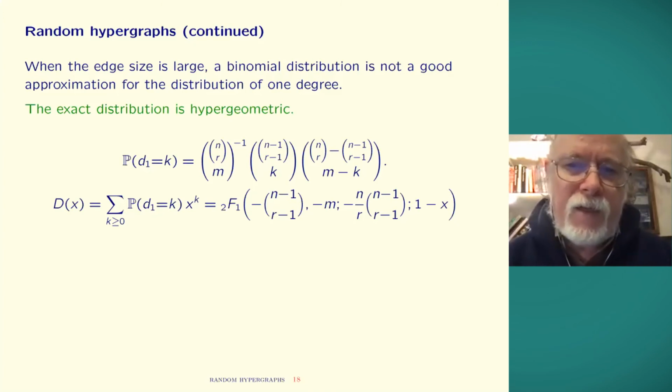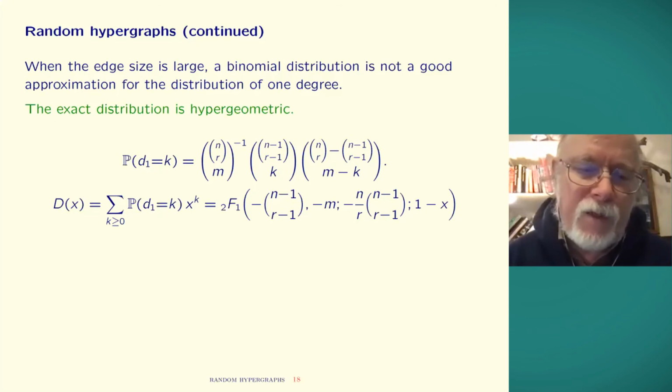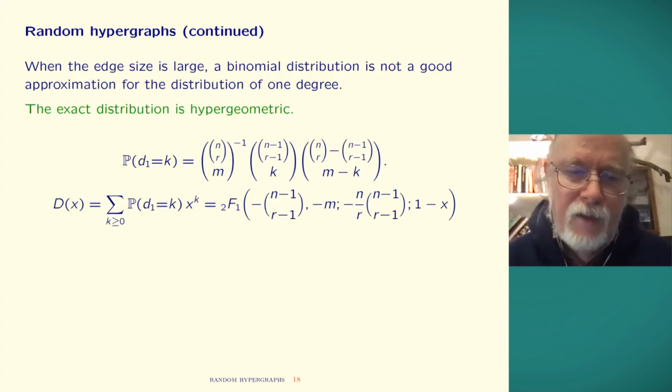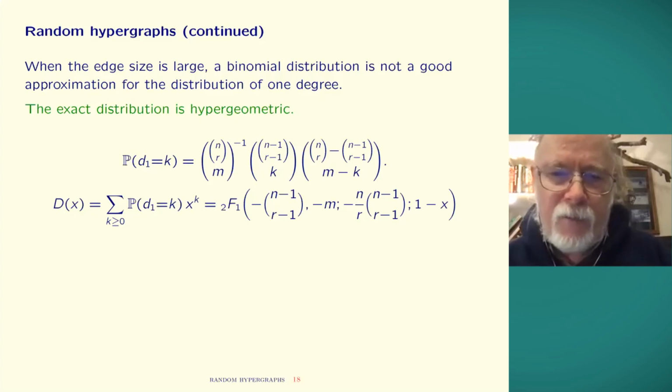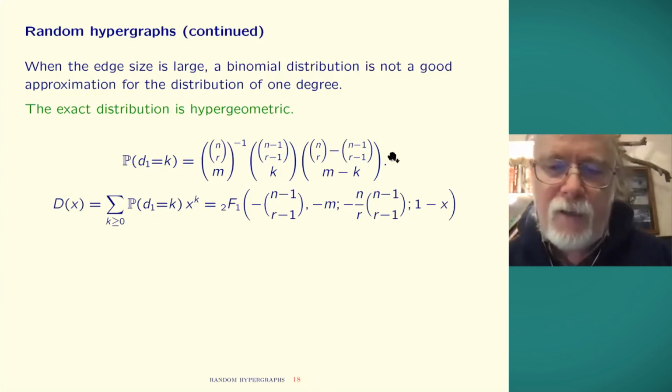If you take a random hypergraph and you look at just one vertex degree, say D1, the degree of vertex 1, then the distribution of that degree is in fact a hypergeometric random variable. And the probability of D1 equals k is this messy thing that I've written there.